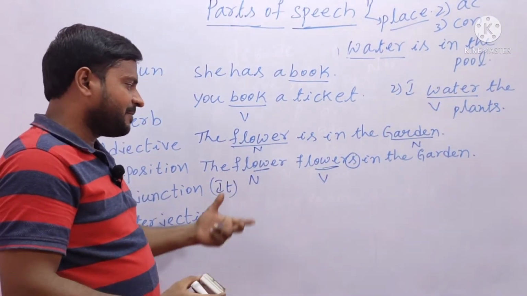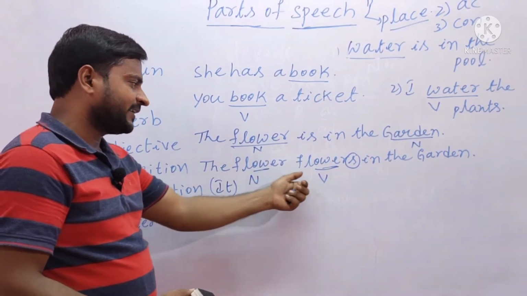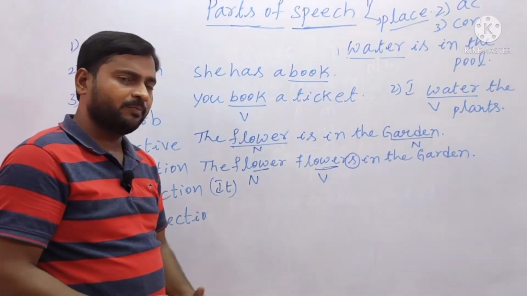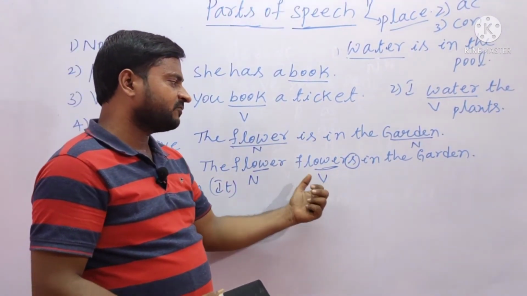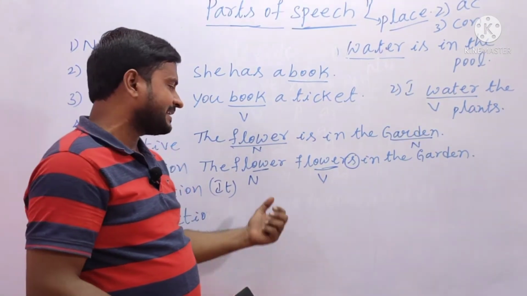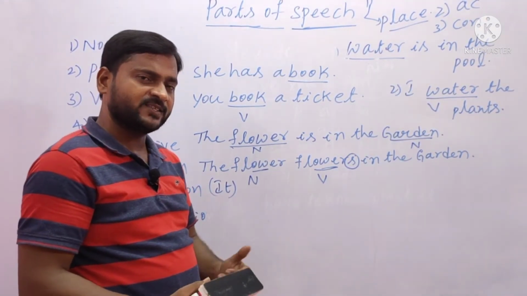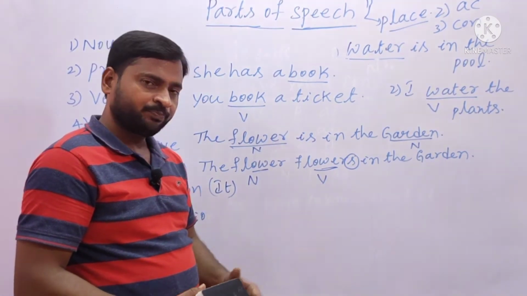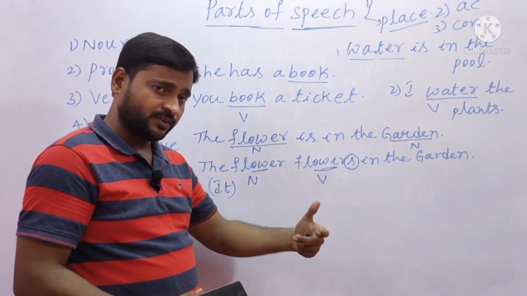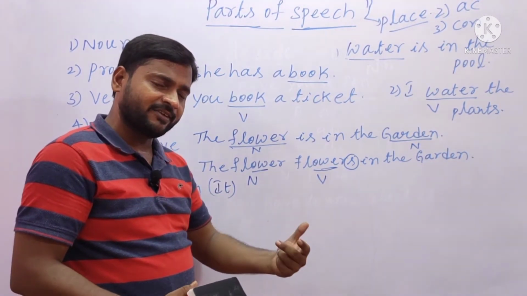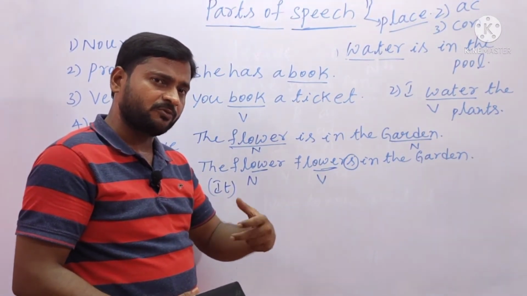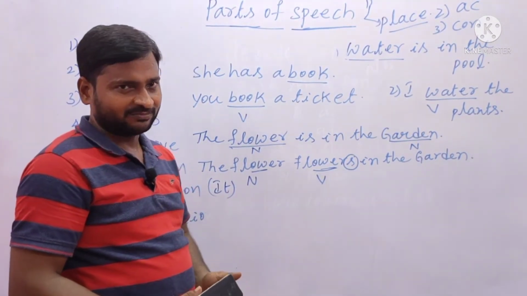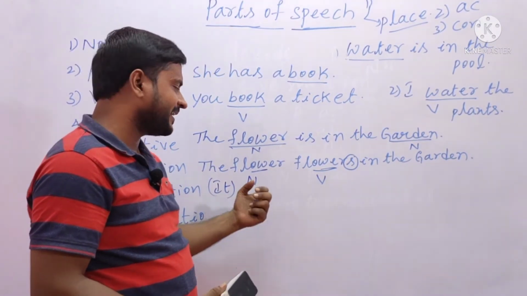Okay, I mean to say that here, what is the difference between noun and verb? A verb carries V1, V2 and V3, but as a noun, there is no V1, no V2, no V3. So for example, flower, flowered, flowered. Flower is a V1 form, flowered is a V2 form, flowered is a V3 form. In this case also flower is a noun.